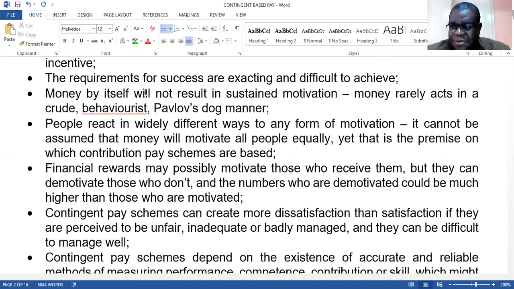We almost treat employees in, let me use the word, an unfair manner. You look at them as people who are just out for money. It's like they don't have any other career goals other than the pursuit of monetary rewards.